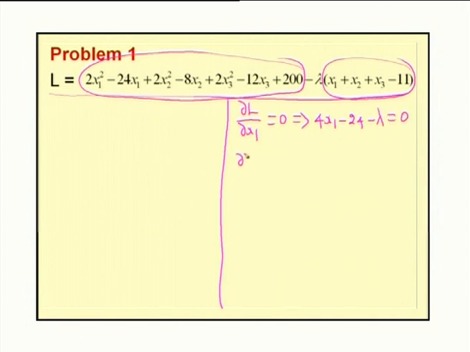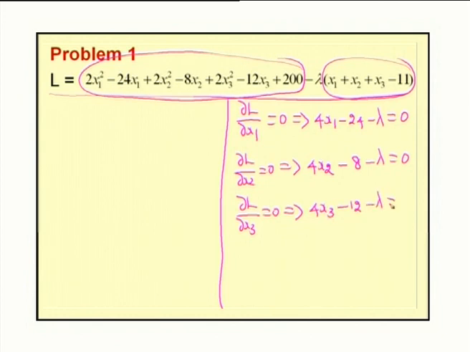The next condition, dou L by dou x2 equal to 0, gives us 4x2 minus 8 minus lambda equal to 0. And the third condition, dou L by dou x3 equal to 0, gives us 4x3 minus 12 minus lambda equal to 0.